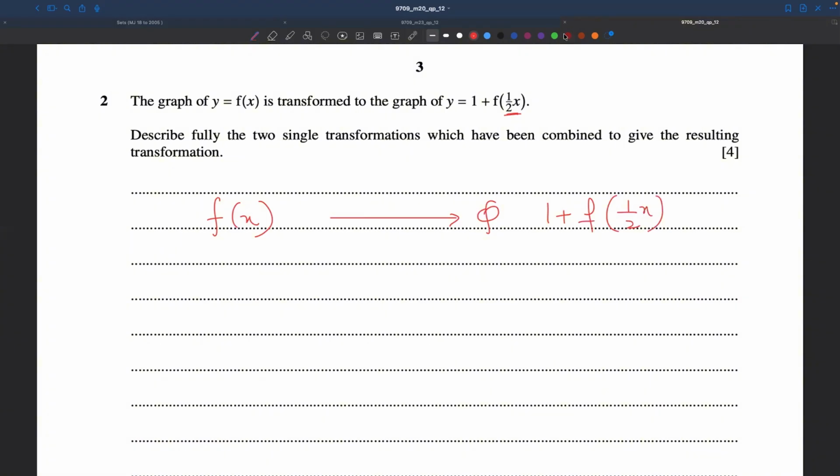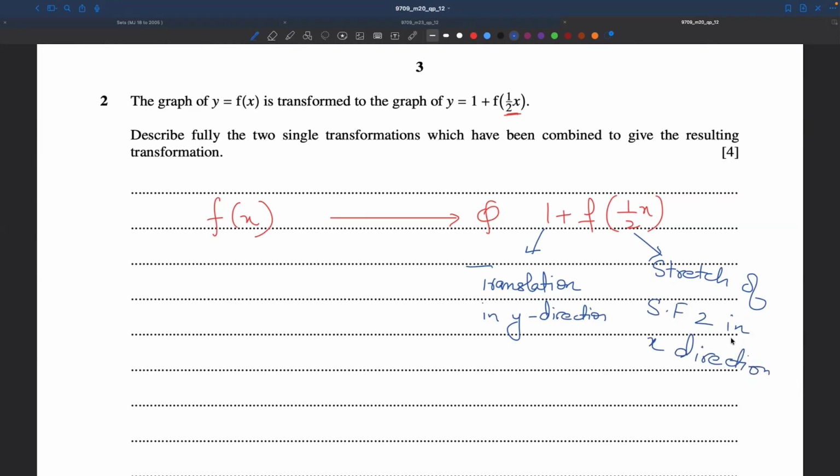Now remember, this plus 1 represents a translation in the y direction, and this multiplication, this half x, represents a stretch of scale factor 2 in the x direction.